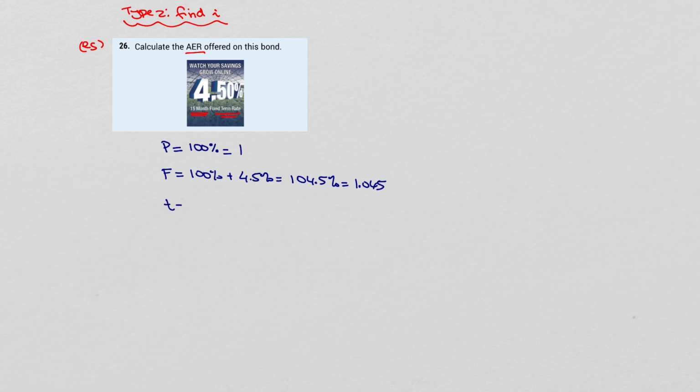So therefore our time is 15 months. So therefore we have to write that as a fraction of a year, which would be 15 over 12 in terms of years.